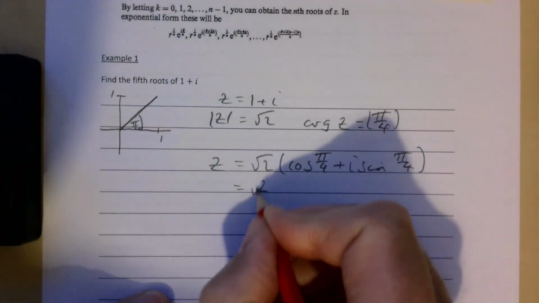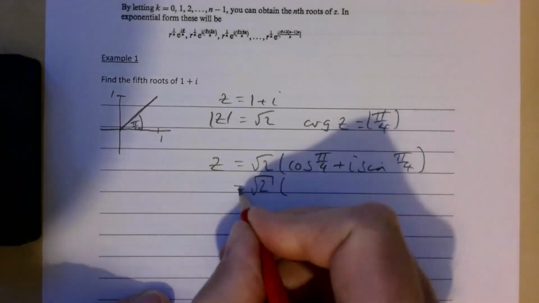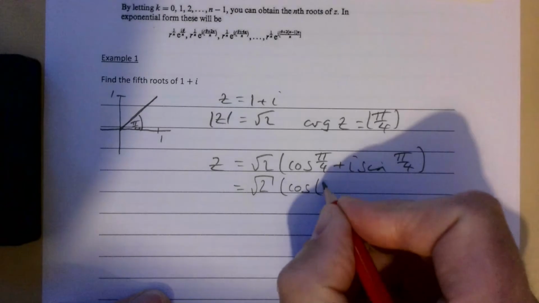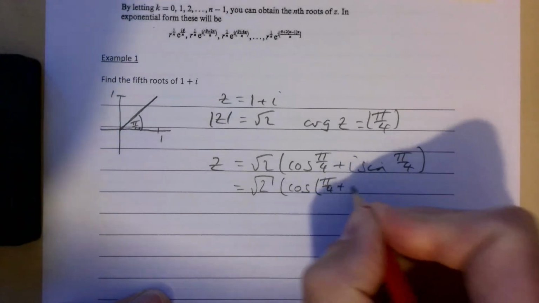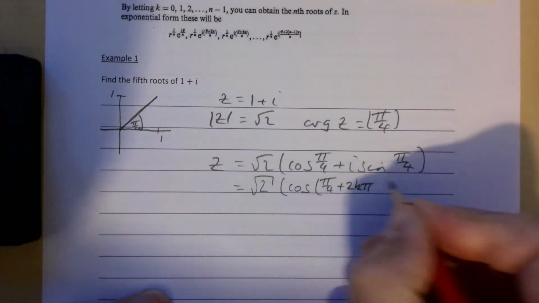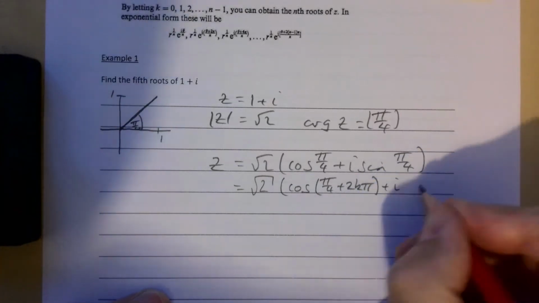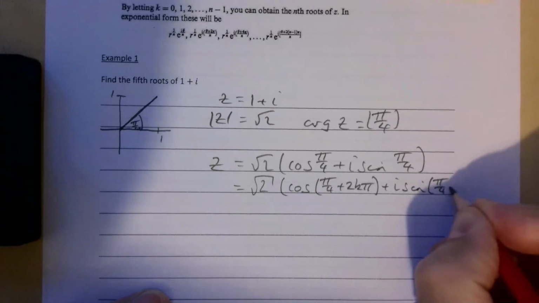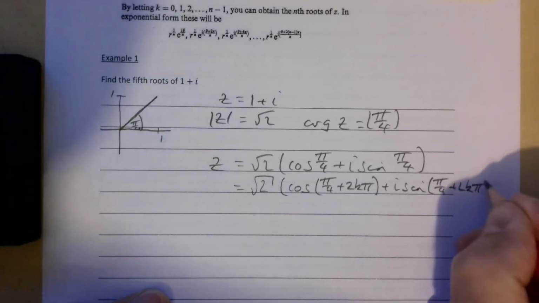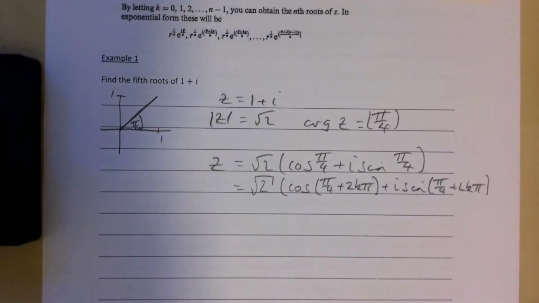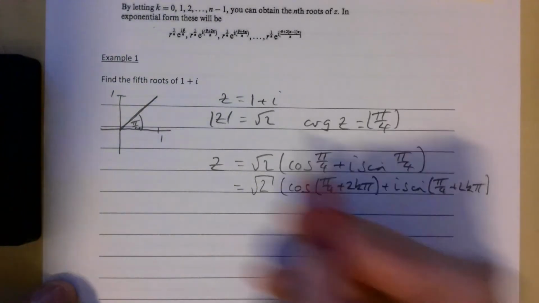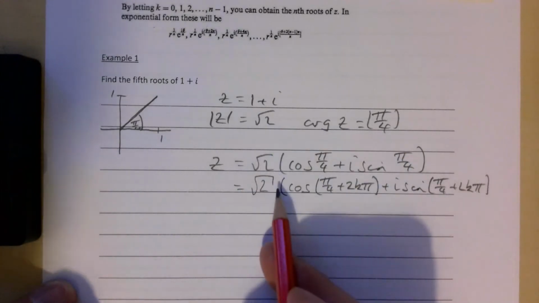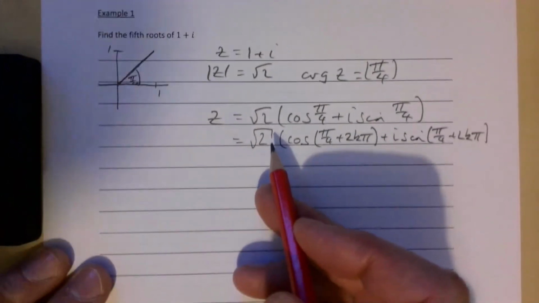This seems a wee bit strange to start with, but it's just so we know it's the same thing, equal to the line above: cos(pi over 4 plus 2k pi) plus i sine(pi over 4 plus 2k pi). This is the complex number just written in a different format, and we want to find the fifth root of that.